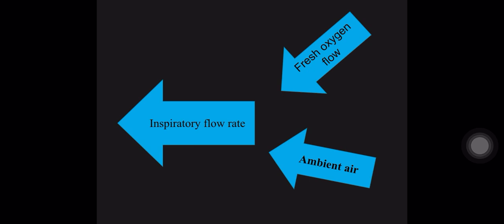And to meet the demand, ambient air also enters the face mask body. So if there is a higher inspiratory flow rate, more ambient air enters the body of the mask and more dilution occurs and less FiO2 is delivered to the patient. So inspiratory flow rate is inversely proportional to the FiO2 delivered.